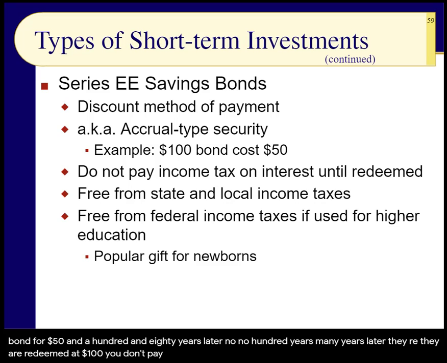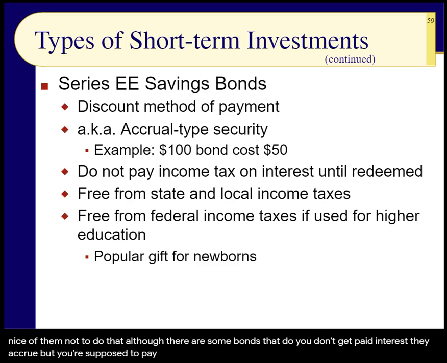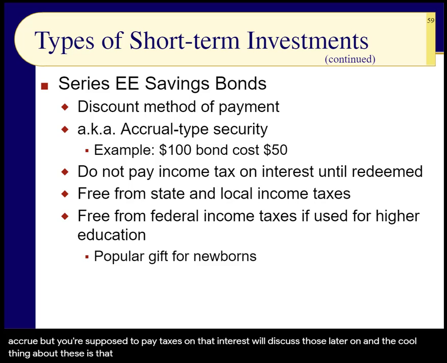You don't pay any income tax on the interest until it's redeemed. Well, that's nice of them, although there are some bonds that do. You don't get paid interest, it accrues, but you're supposed to pay taxes on that interest. We'll discuss those later on. And the cool thing about these is that they're free from state and local income taxes.